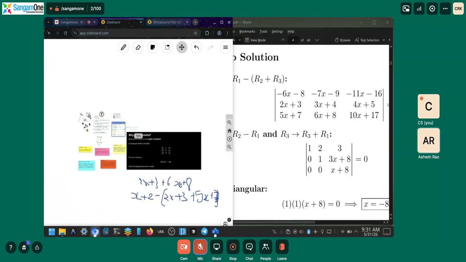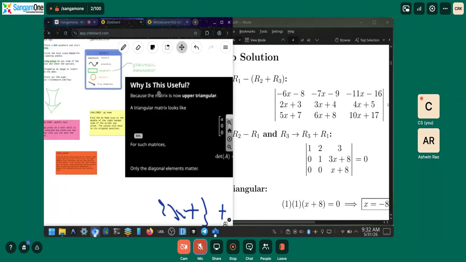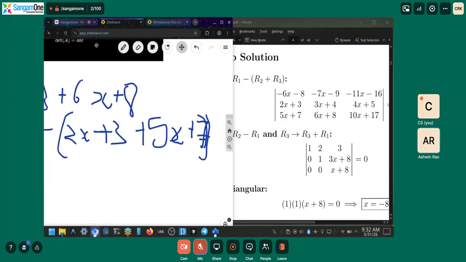Then the other ones also, you get plus 8. Then the other ones here, 6x minus 8, 6x plus 8. Then here also minus 7x, sorry, 3x. This is the operation that separates from this row.